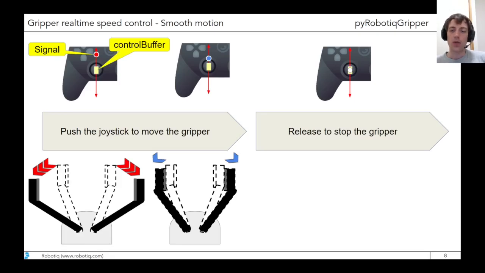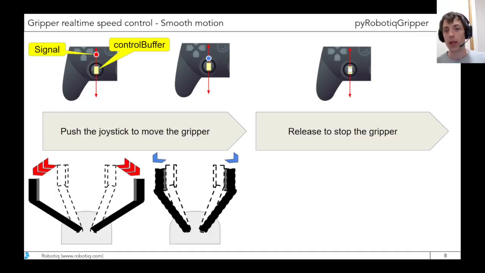And once we approach the object, maybe the operator will want to decrease the speed, to adjust the position of the gripper more precisely. So like this, the operator will approach the center zone of the control, and the gripper will start to move slowly.